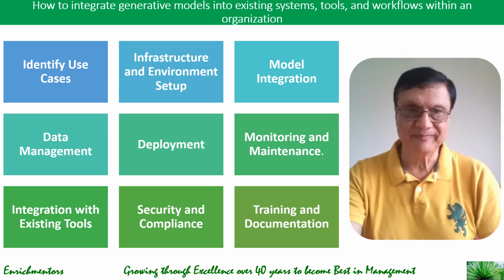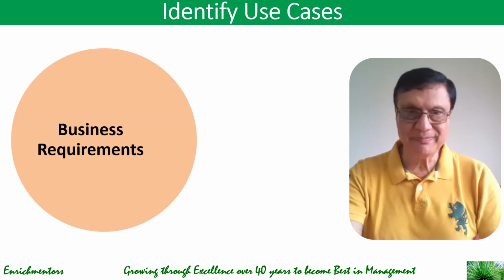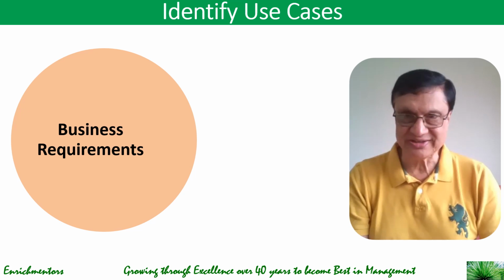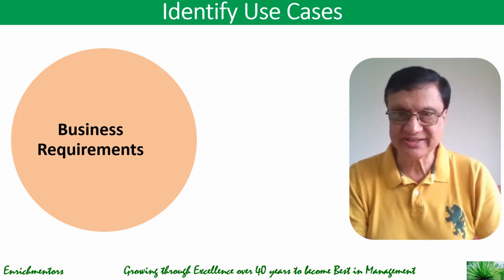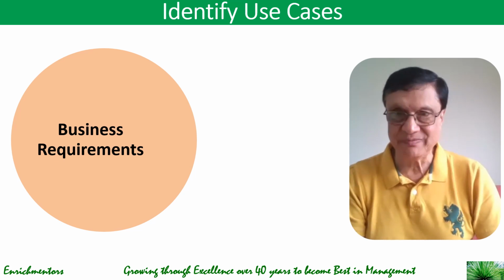To identify use cases, you need to talk about two things. What are the business requirements? There you identify the specific business needs and use cases where generative models can add value. This you can do if you are designing de novo, you can do that earlier, or if you already designed, you can also see where else it can be used.